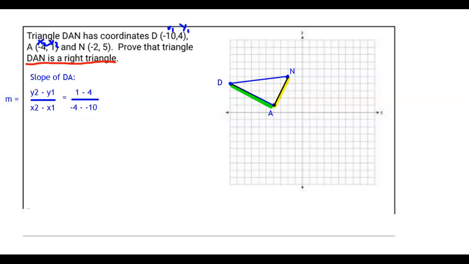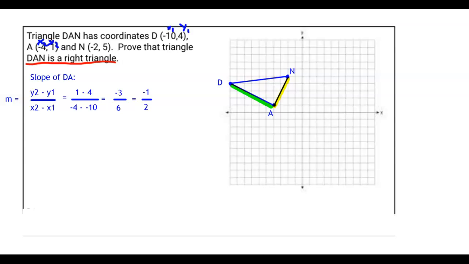Simplify this using the calculator. Get negative 3/6, or in other words, negative 1/2. I know I can convert this into negative 0.5. I know the calculator does it automatically like that, but I'm going to leave it as a fraction because eventually what I want to do is show that this fraction is the negative reciprocal of the other fraction that I'm going to find for the slope of AN.